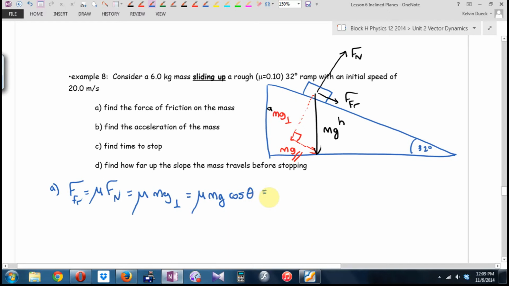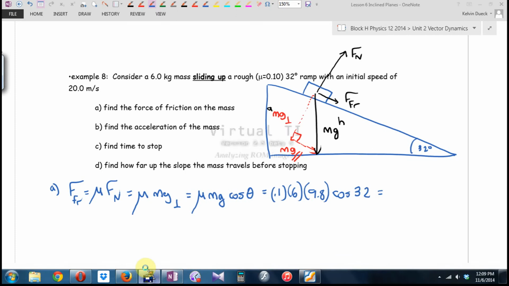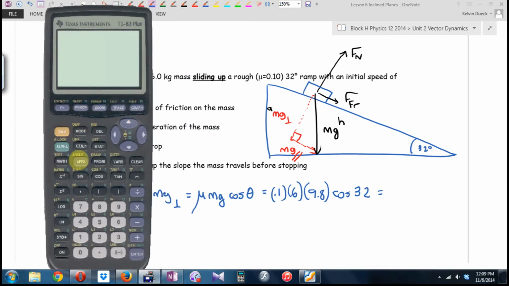Now I'll plug in numbers. Mu 0.1, m 6, g 9.8, cos 32. 0.1 times 6 times 9.8 cos 32.